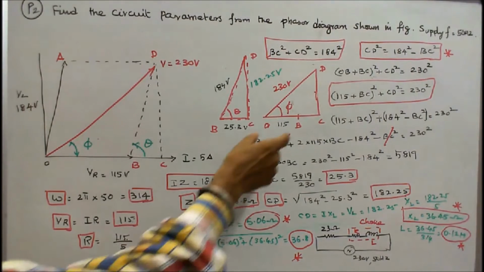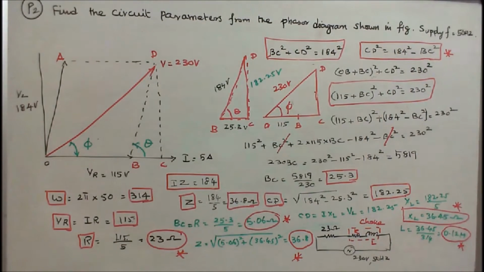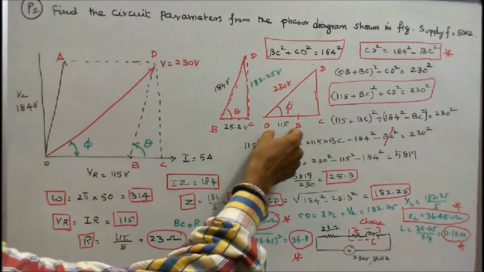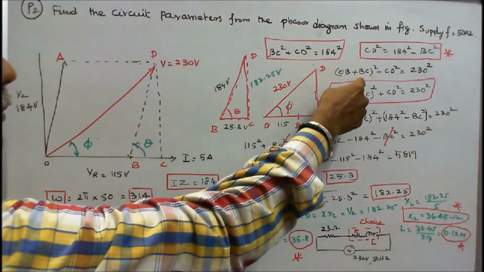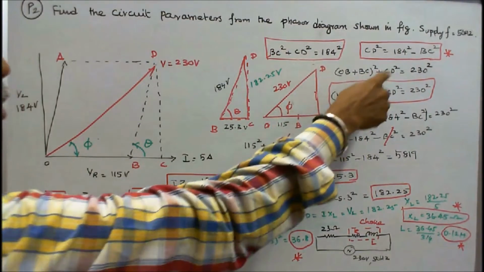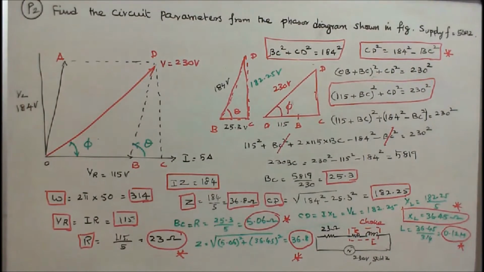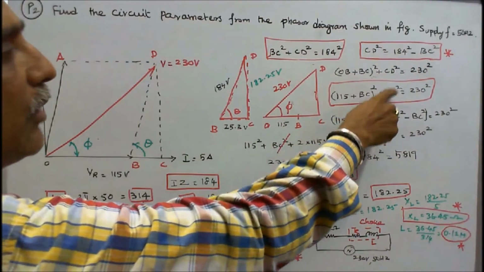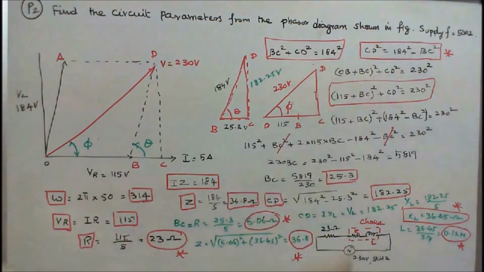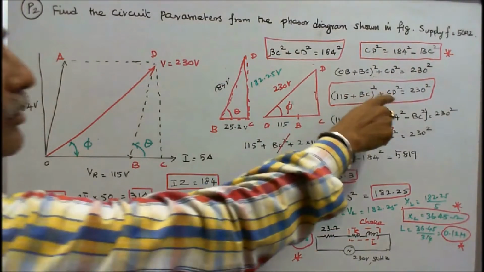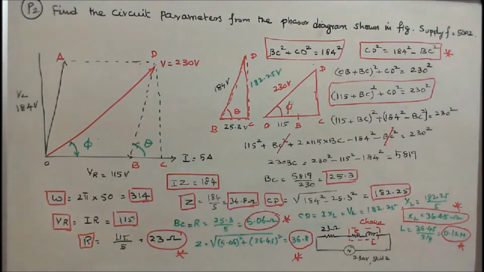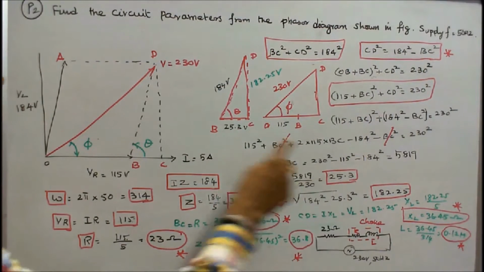OB value is given as 115. OB plus BC the whole square plus CD square is equal to 230 square. I know CD square. CD square is equal to 184 square minus BC square. I substitute CD square in this equation and solve the equation. BC is equal to 25.3.